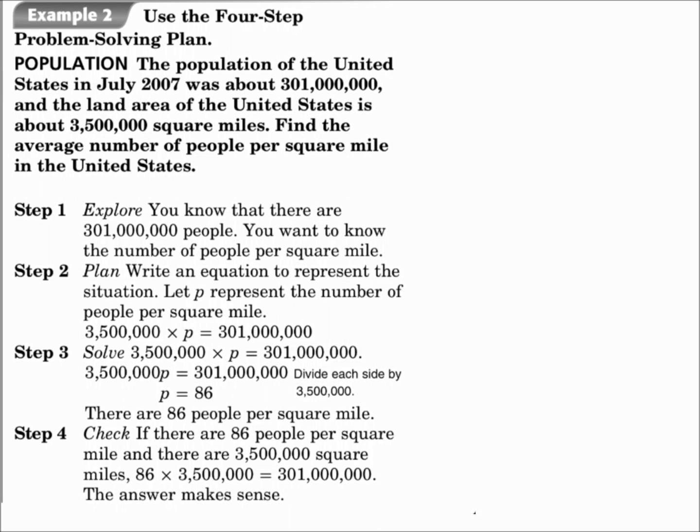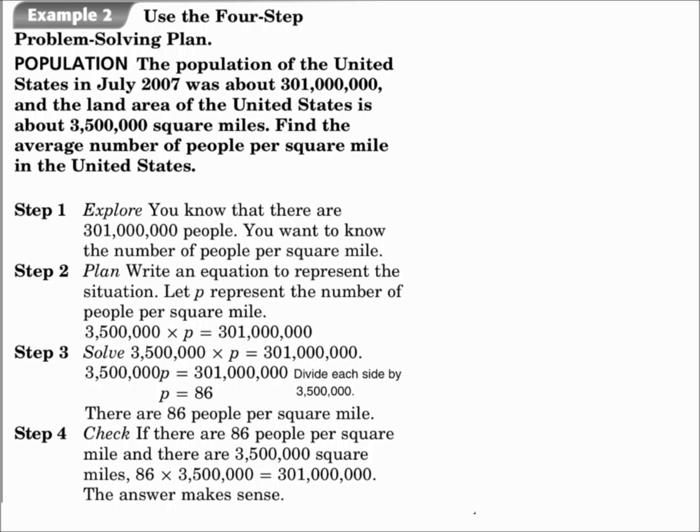Step 2 is your plan. Write an equation to represent the situation. If P represents the number of people per square mile, then you know 3,500,000 times P equals 301 million. Step 3 is solve. Well, if you have that equation, divide each side by 3,500,000, and P is 86.